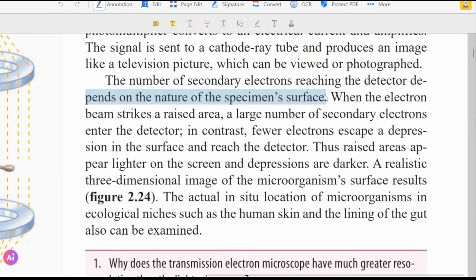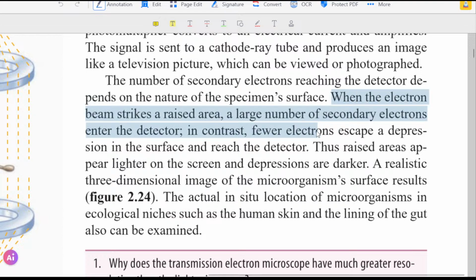The number of secondary electrons reaching the detector depends on the nature of the specimen surface, right? If your surface has atoms with more strictly bound electrons, they have less chance of releasing the secondary electrons. When the electron beam strikes a raised area, a large number of secondary electrons enter a detector. Raised area, guys, like a mountain area.